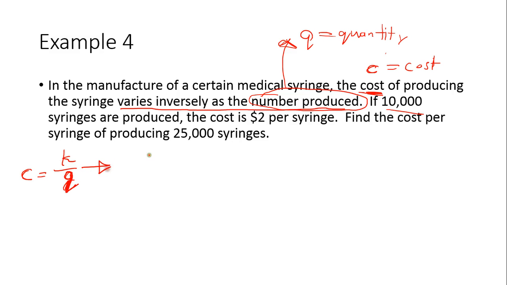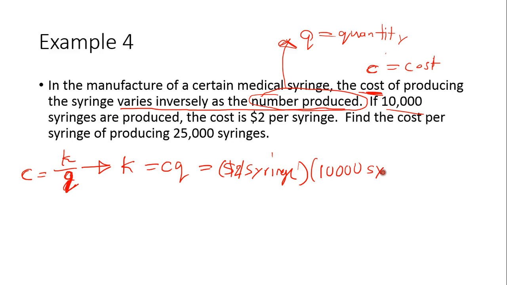So from that, if I want to figure out K, that's going to be CQ, which is going to be a cost of $2 a syringe times 10,000 syringes.